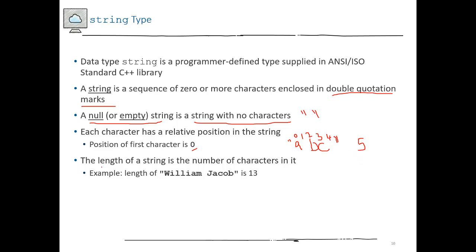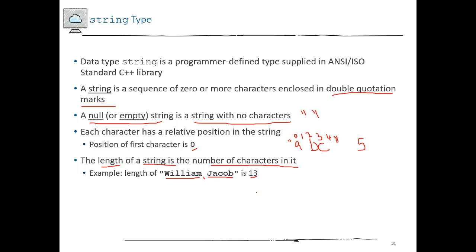So it's explained here. The length of the string is the number of characters in it, right? So space is considered a character also. In here, if you count the number of characters, you have 3, 4, 5, 6, 7 here, and the space is 8, 9, 10, 11, 12, 13, right?